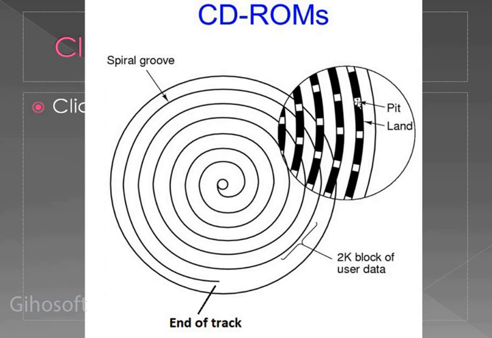When the laser is intensified, it leaves a small hole or a small pit on the surface of the disc, whereas at a normal intensity, it does not make a hole and that area remains flat. That is known as land or bump. Wherever there is a hole or a short caving in, that is known as a pit.